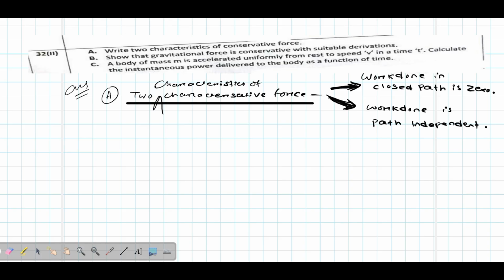Characteristics of conservative force. Bit B: the gravitational force is conservative; show this with suitable derivation.